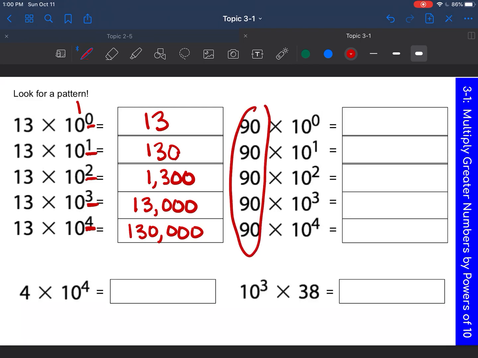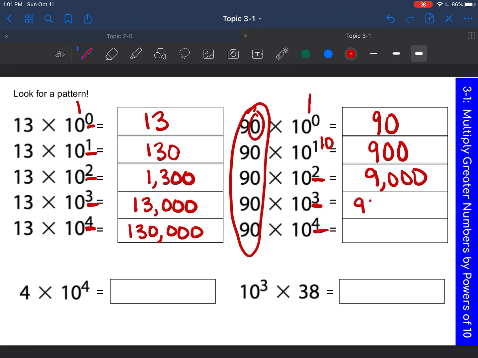The next pattern continues as well, but now we have 90s. Don't get confused by the extra 0 in the 90. 10 to the power of 0 is 1, so 90 times 1 is 90. 10 to the power of 1 is 10, so 90 times 10 is 900. The pattern continues again. Every power of 10, that exponent gives us another 0.